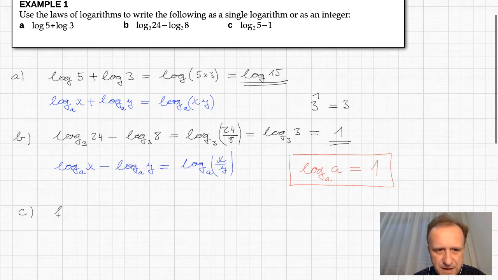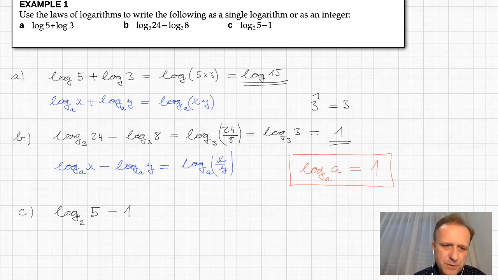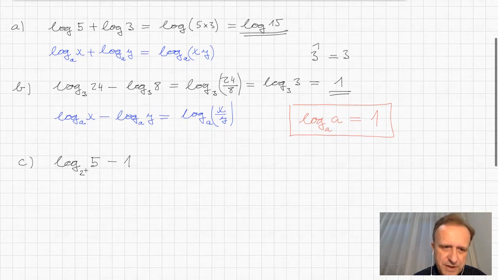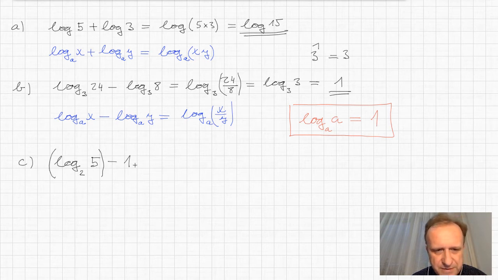In part C, we have logarithm in base 2 of 5 minus 1. Since there are no brackets, this expression should be understood as follows: first, evaluate the logarithm in base 2 of 5 and then subtract 1.